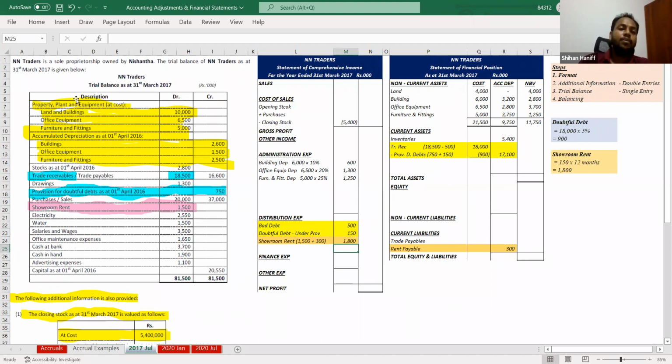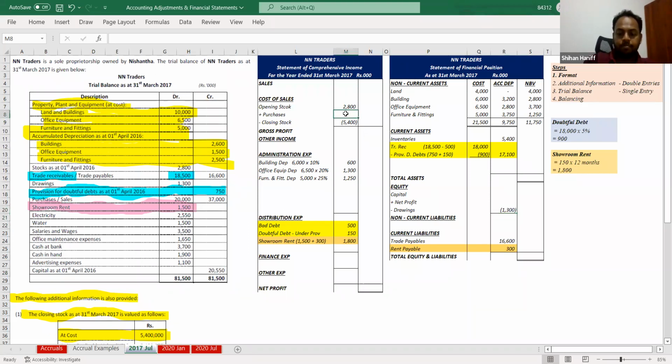Take the remaining balances from the trial balance. Opening stock 2,800. Take here. Trade payable 16,600, current liability. Drawings 1,300. Okay, you will get capital plus the profit, minus 1,300.